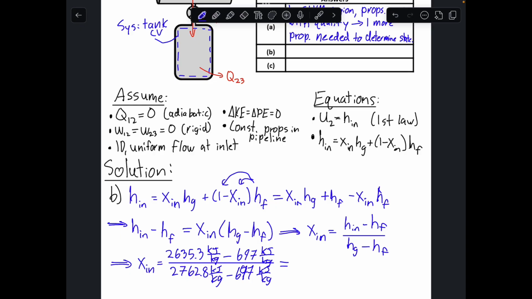And so just plug this into your calculator and you should get that our X in is equal to 0.938.